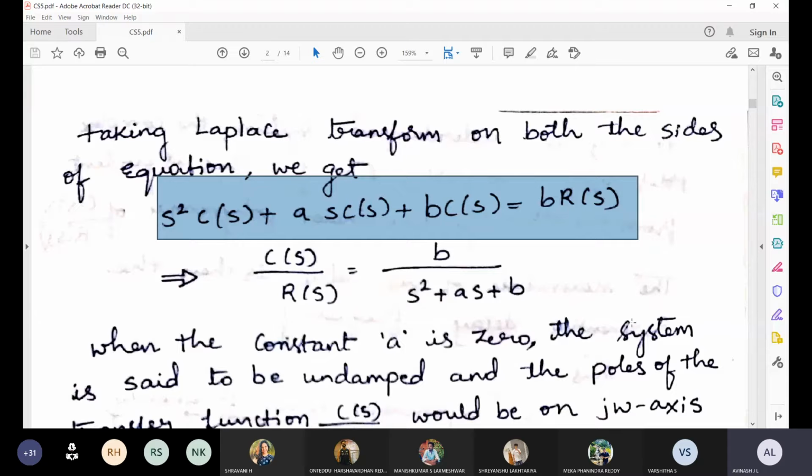Similarly, for d square c by dt square you will get s square. C of t was there, now it is C of s. S square C of s plus a into s into C of s plus b into C of s equal to b into R of s. So this is the Laplace transform taken on both sides.